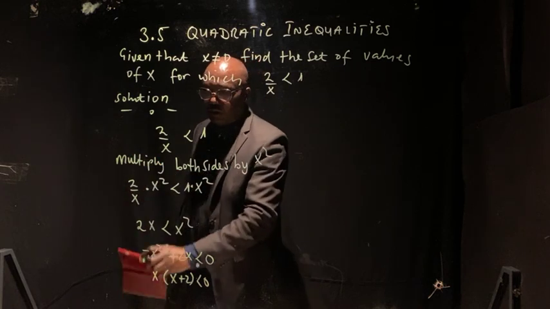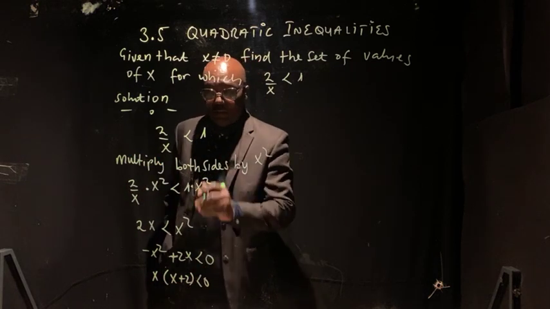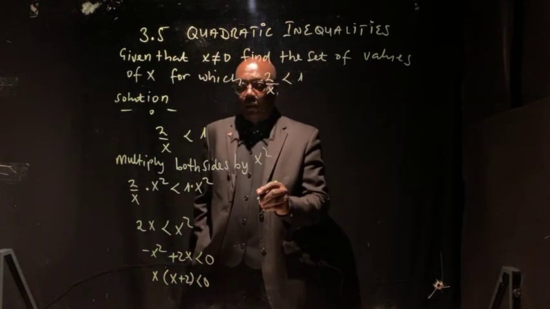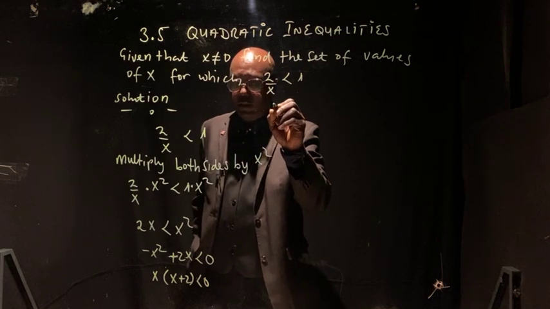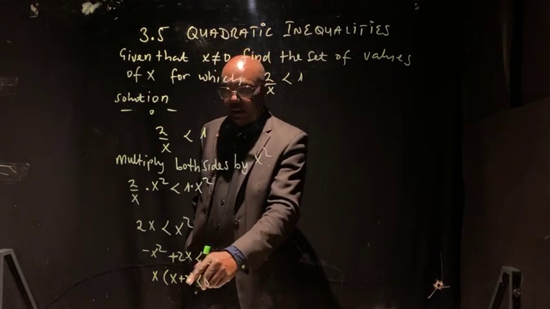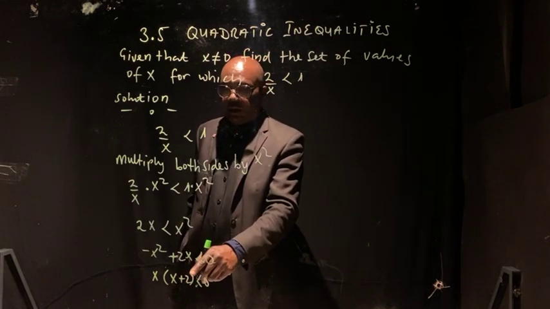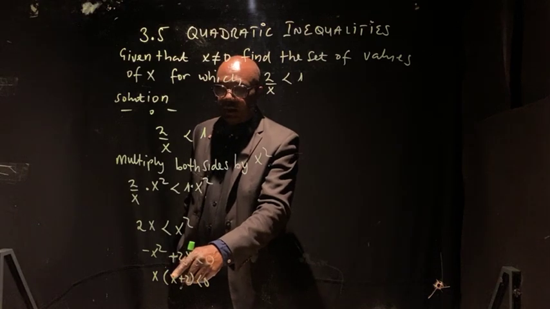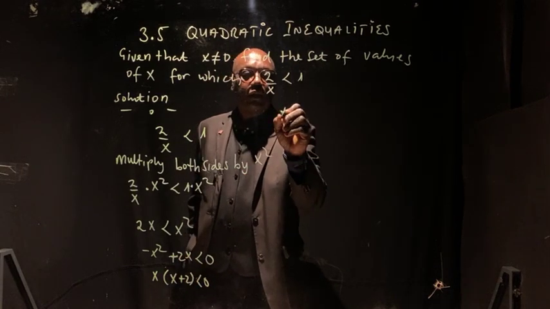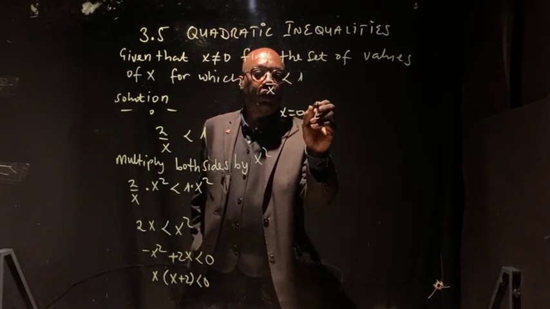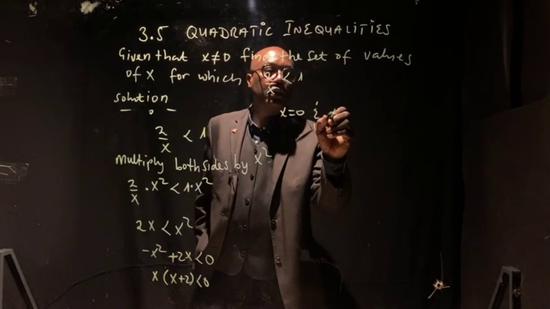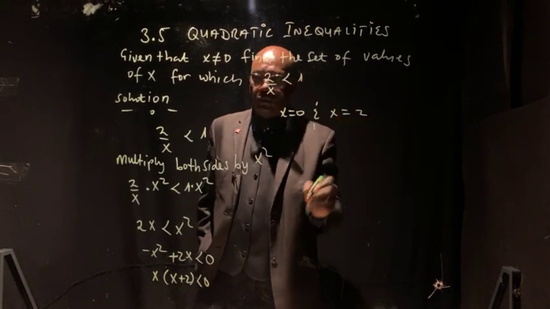Yes, I can see that you can see properly. So there are two values of x: x equals 0 and x equals 2.